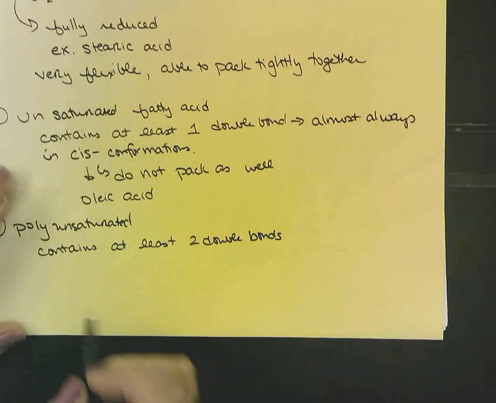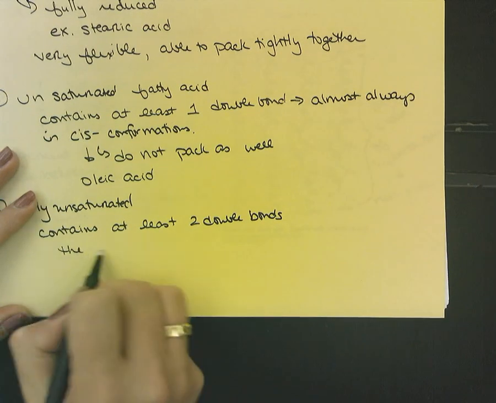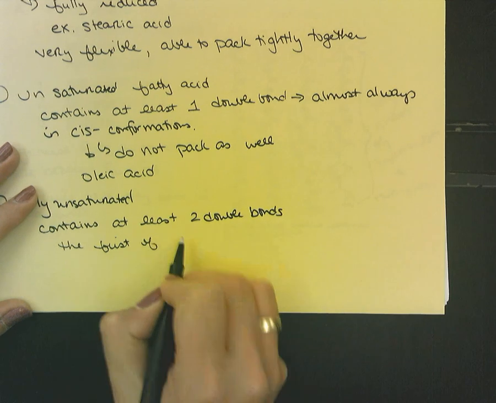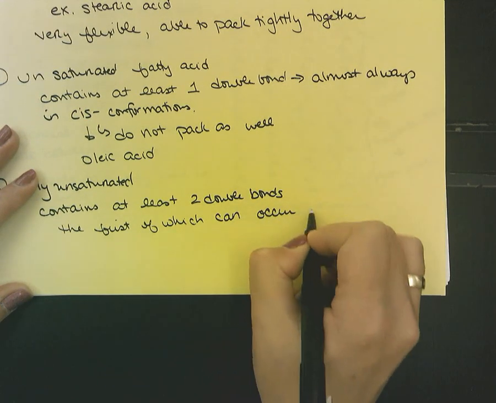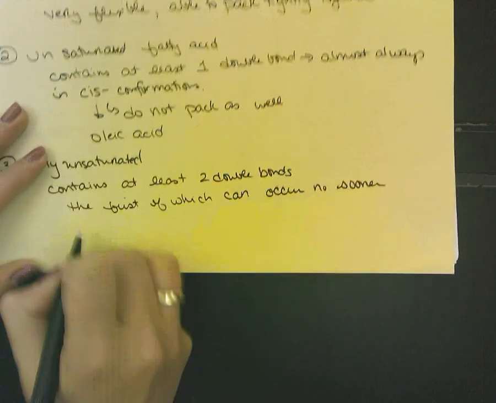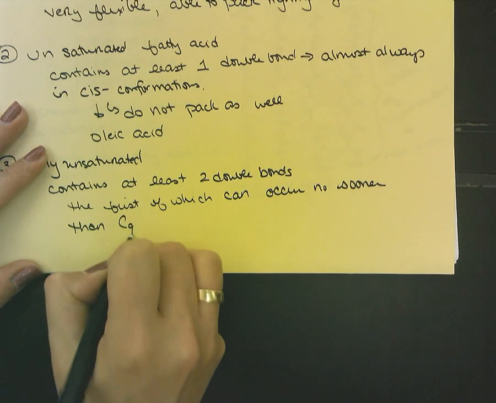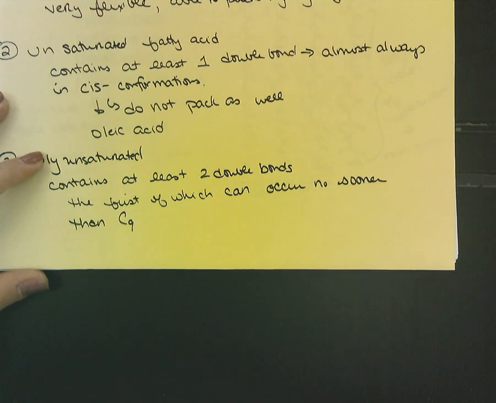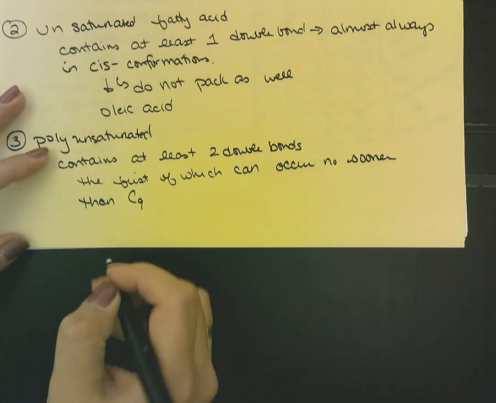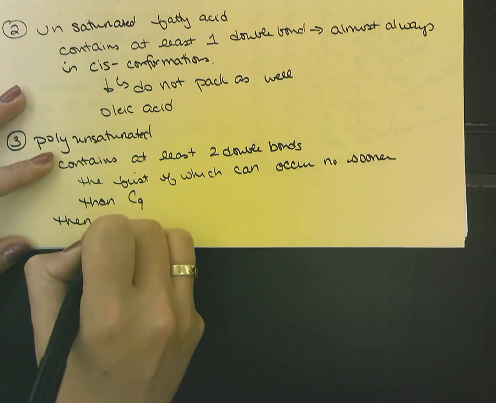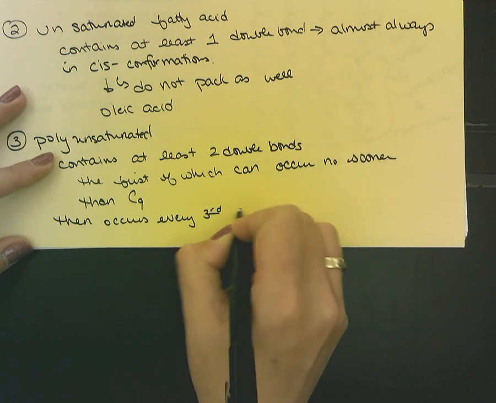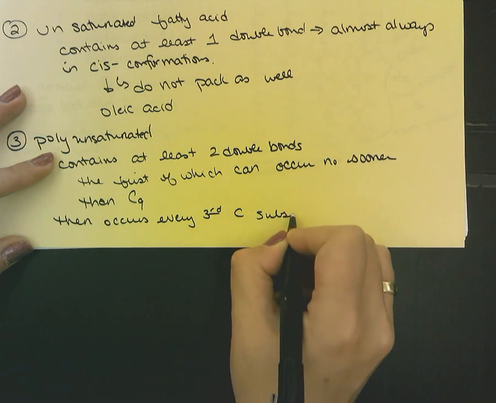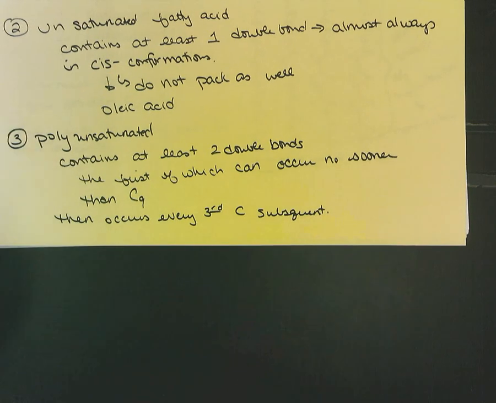So it contains at least 2 double bonds. And that occurs every third carbon subsequently.